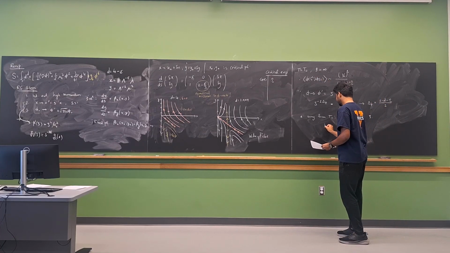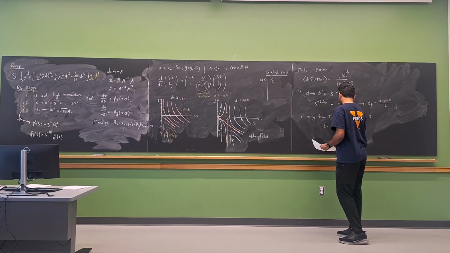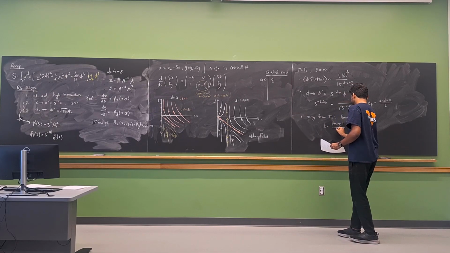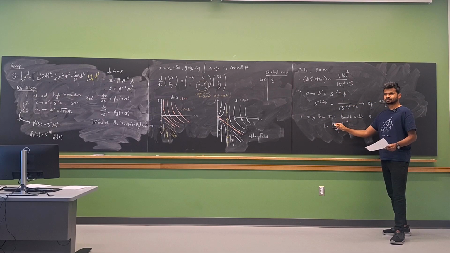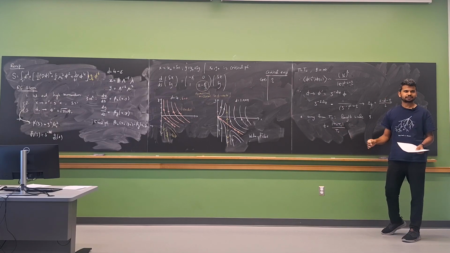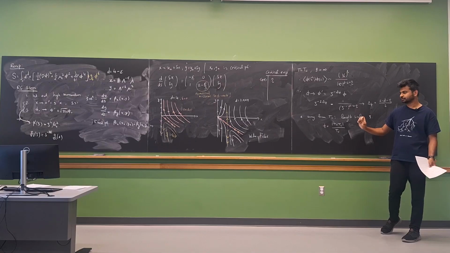So let me define some quantity which is just the difference of the temperature from the critical temperature divided by Tc, just a dimensionless ratio.